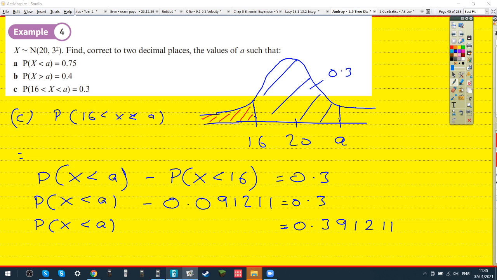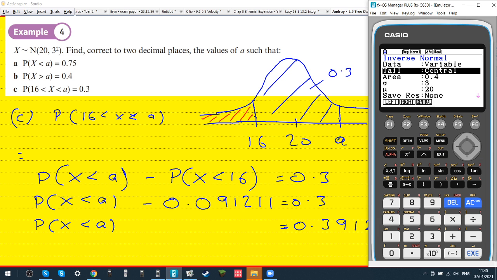We now go back to inverse distribution, do it, yeah. And so I do tail left, area 0. Oh, will area just be the probability? So yep, 391, etc. 211, I think it was.